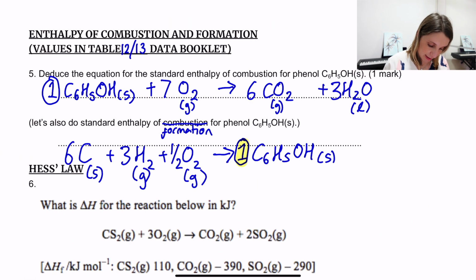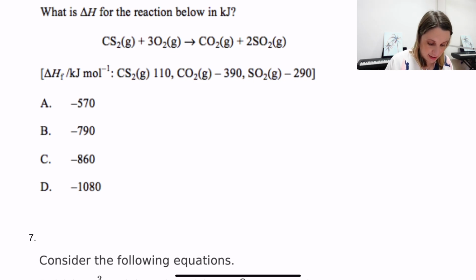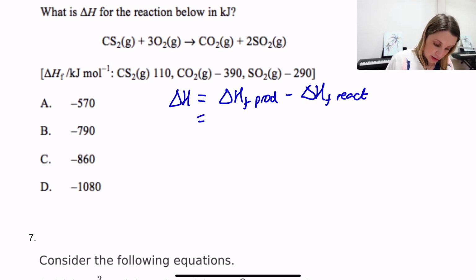So let's go back to the equation here. We're saying delta H equals the delta H formation for the products minus the delta H formation for the reactants. So the products in this case are my CO2 and my 2SO2.